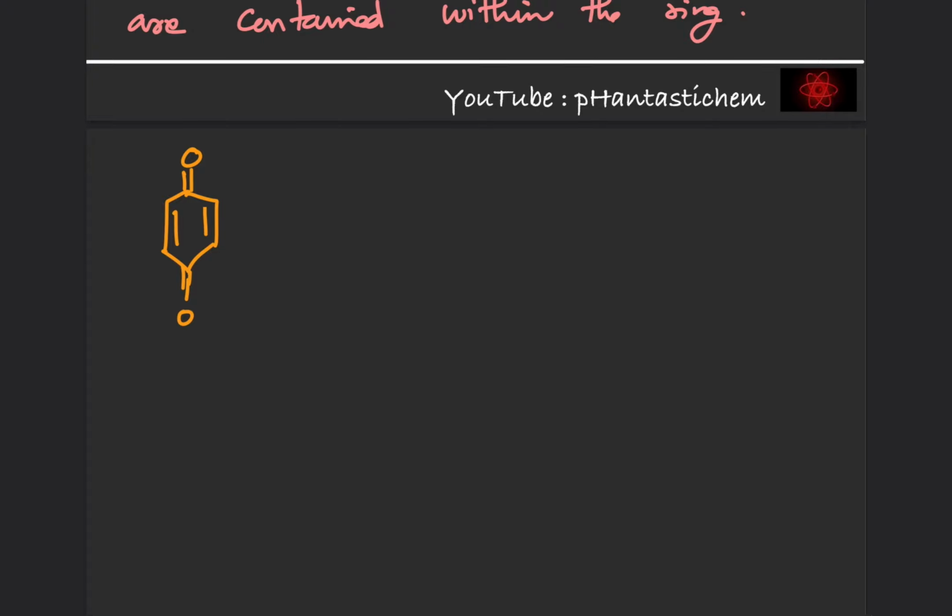So to show the movement of electrons, this becomes a double bond there, and this becomes a lone pair here. So we will get O with a positive charge, and in the next step, these lone pairs become a double bond here, and these pi electrons become a lone pair there.